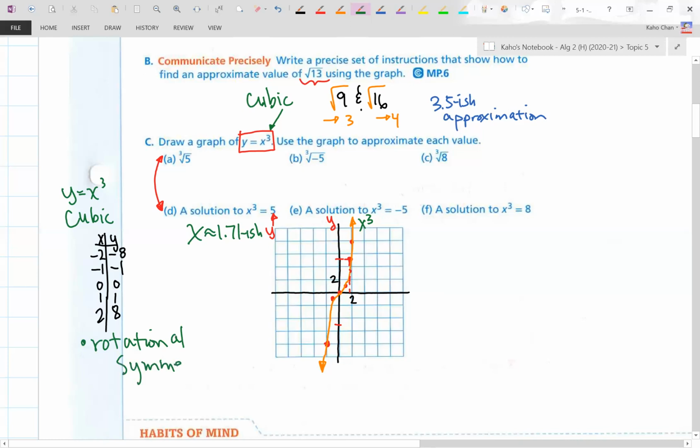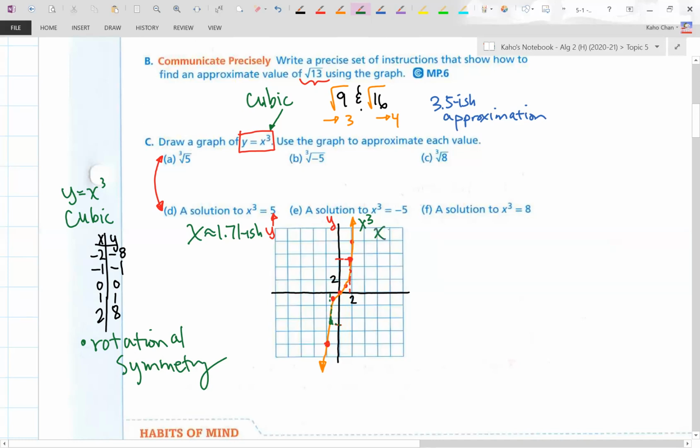That's one of the special characteristics of this particular function. It rotates 180 onto itself. In fact, letter E is basically kind of like the answer for letter D. In this case, it's negative 1.7-ish, okay? Right there. Let's write that down.